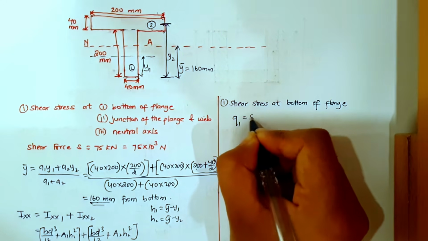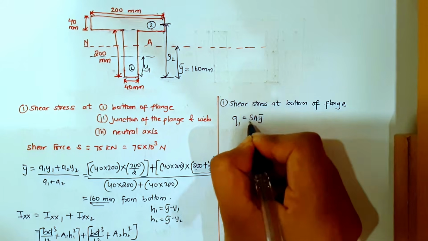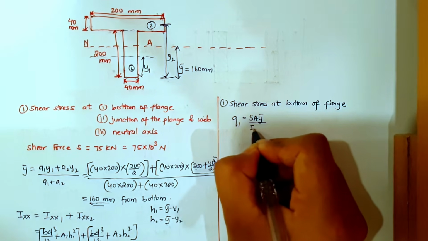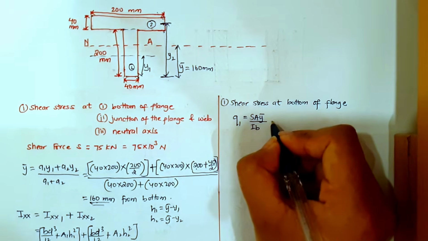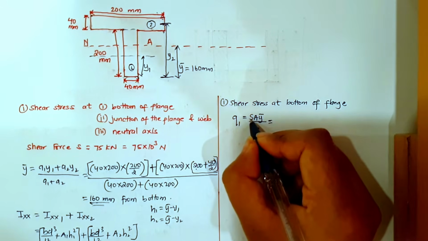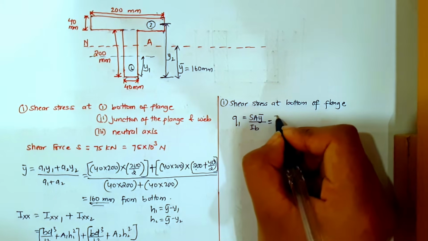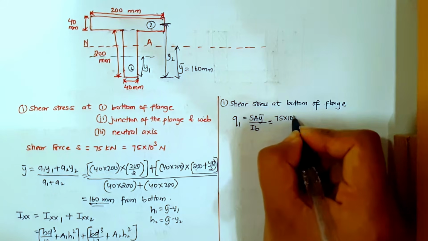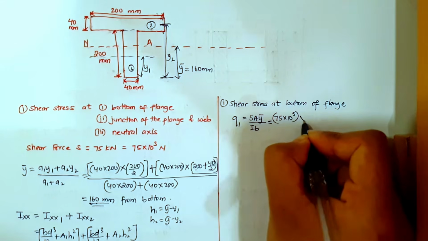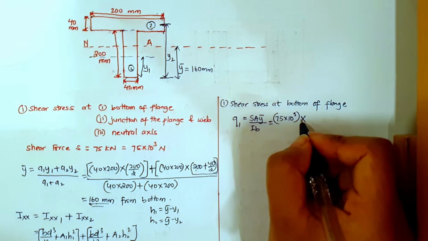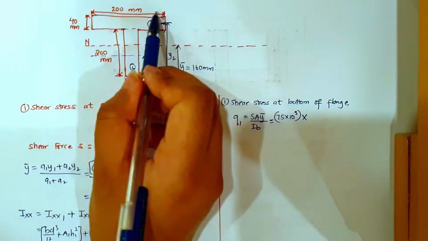Q1 will be equal to S A y bar by I b, right? Now S is the shear force, which is equal to 75 into 10 raised to power 3. How much will the area be? Now area of this flange portion only.